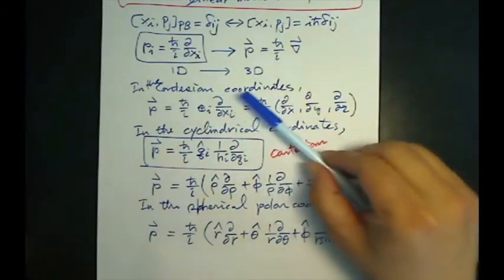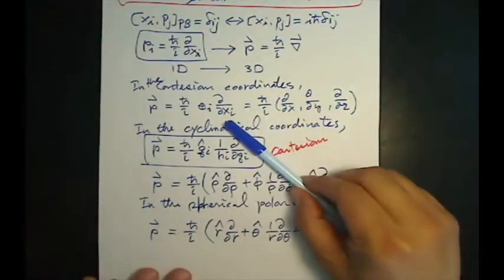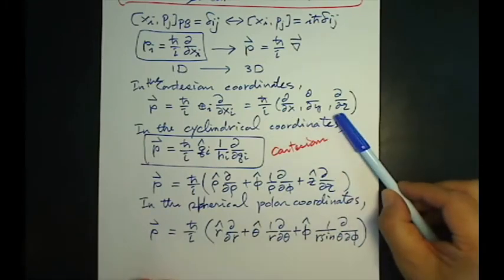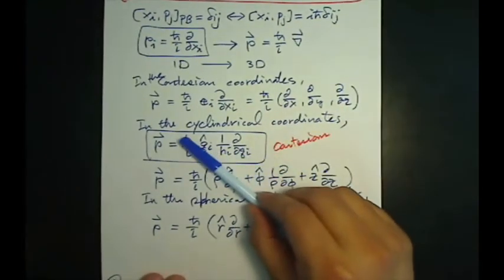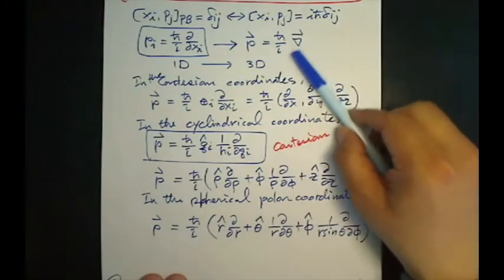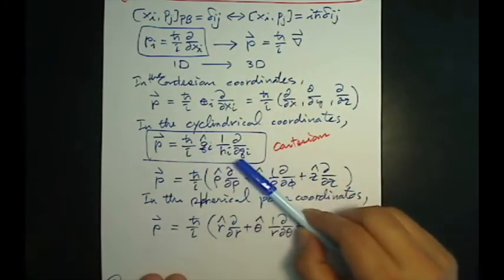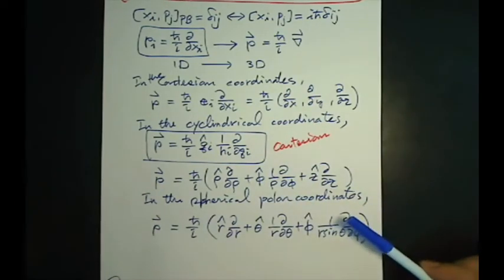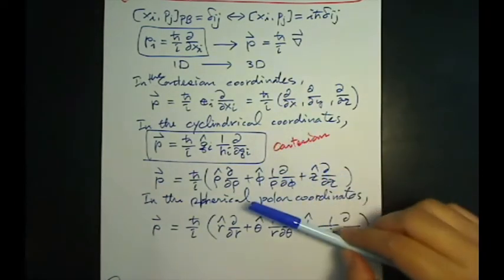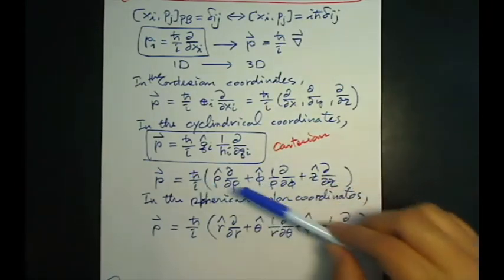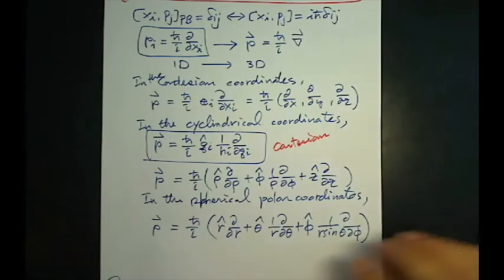In Cartesian coordinates, this is h bar over i times the coordinate derivatives. And in cylindrical coordinates, derivatives are h bar over i, scale factor multiplied by this. So in cylindrical and spherical coordinates, we can replace the momentum operator in this way.